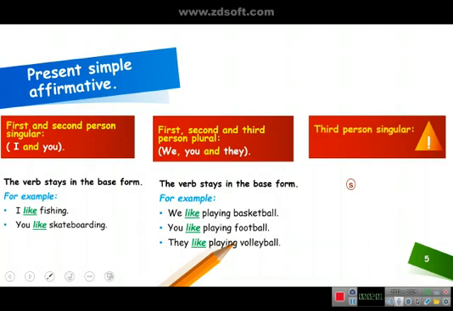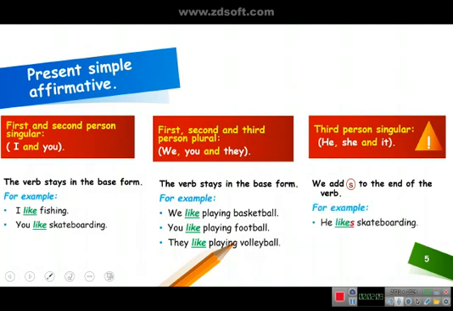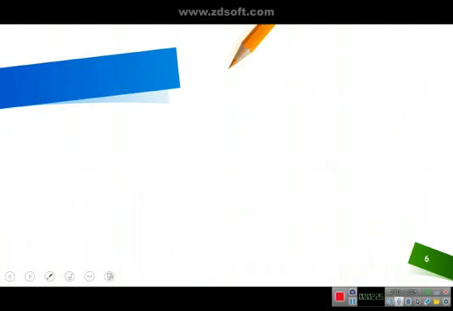With the third person singular forms he, she, and it, we add s to the end of the verb. For example, he likes skateboarding, she likes cooking, it likes sleeping. The verb changed from like into likes by adding s with only he, she, and it.